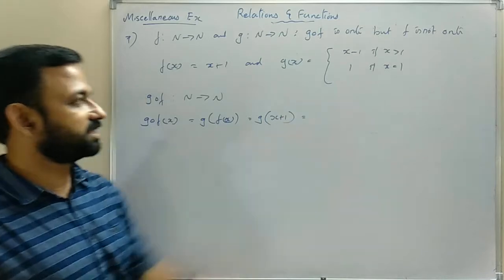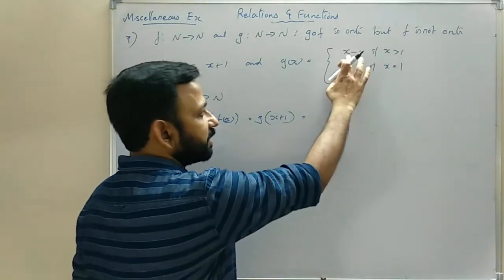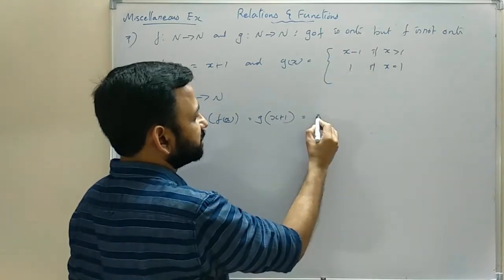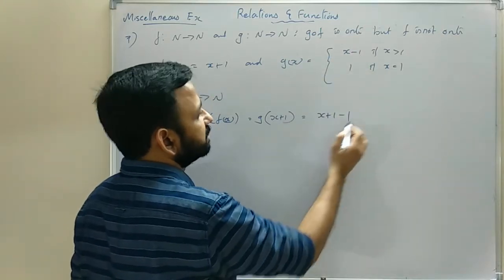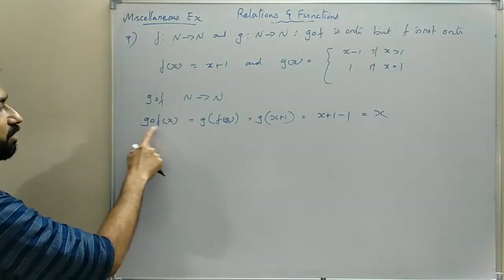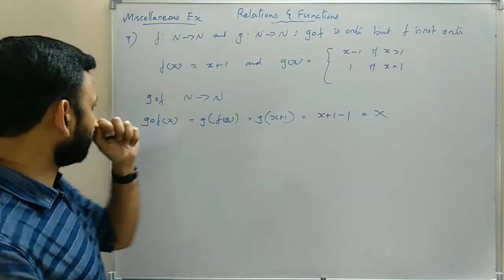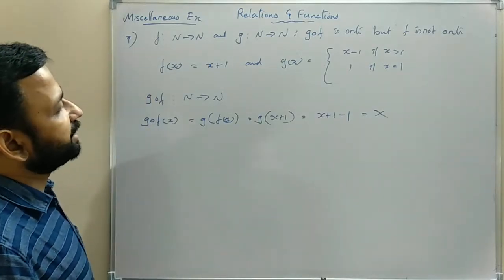So we will take that second case, where g of x is x minus 1. So g of x plus 1 is equal to x plus 1 minus 1, that is equal to x. So g composition f of x is equal to x. That is an identity function. Now we can show that it is an onto function.